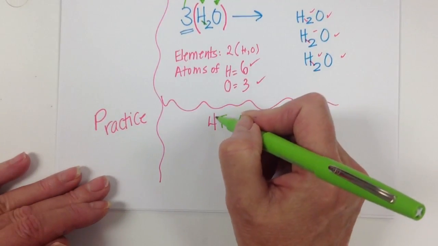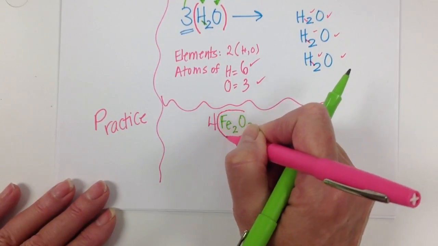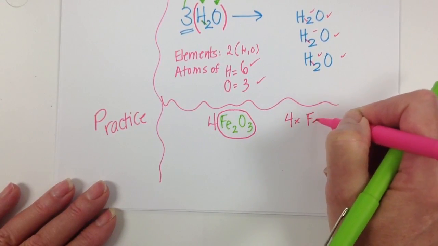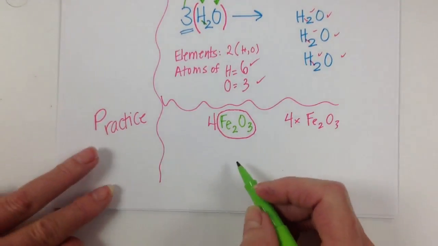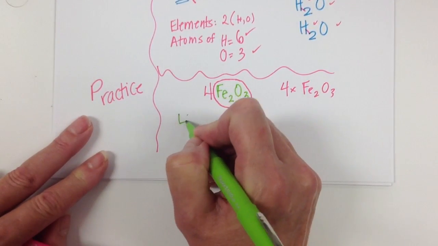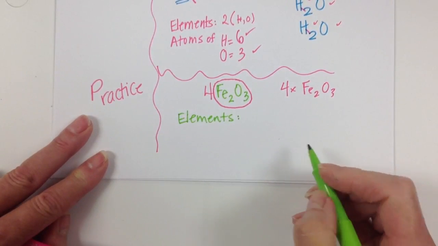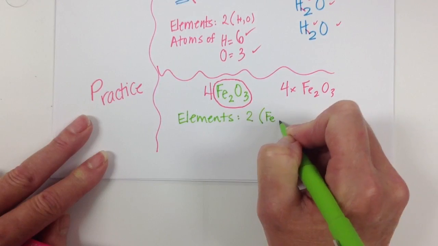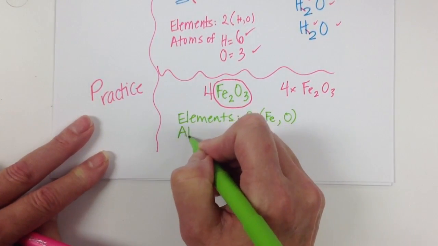Remember, we know that that 4 means there's 4 molecules of rust, or 4 times Fe2O3, right? So that's exactly what we're going to do. We're going to count the elements. What elements are present here? Well, there are 2 elements, and they are iron and oxygen. Okay. How many atoms?